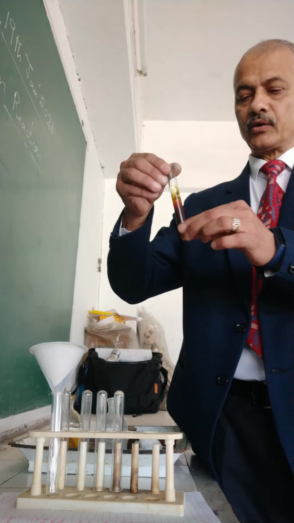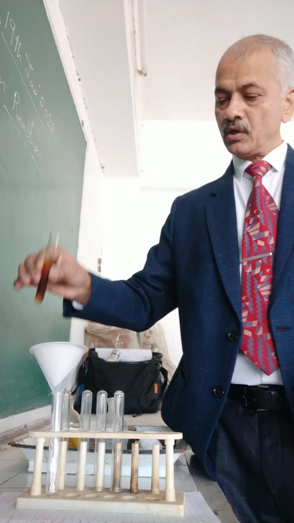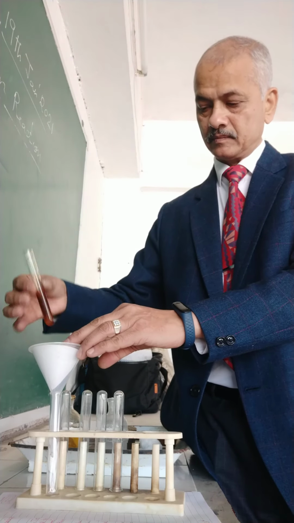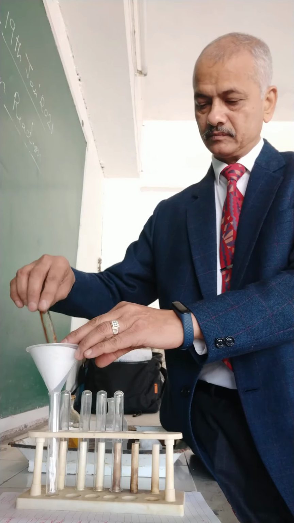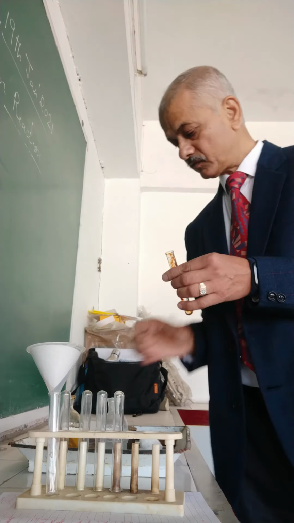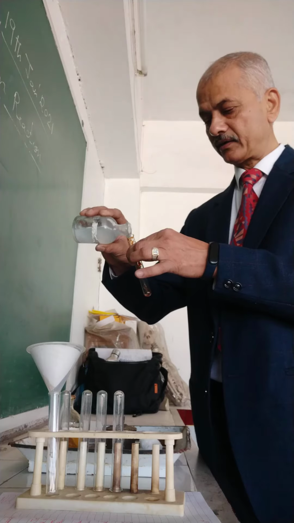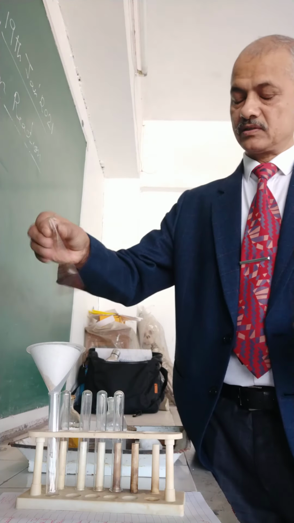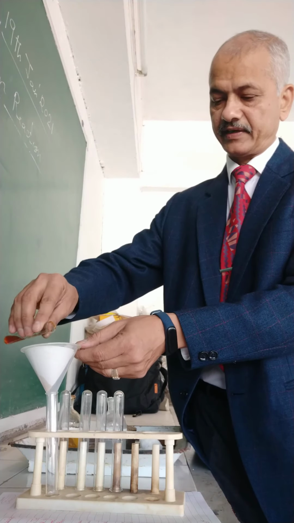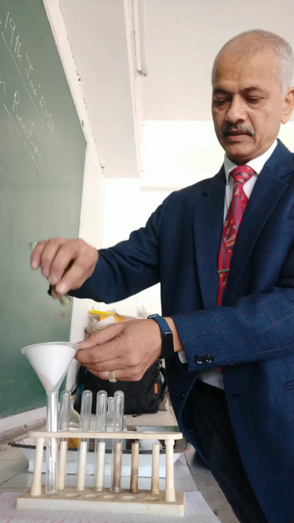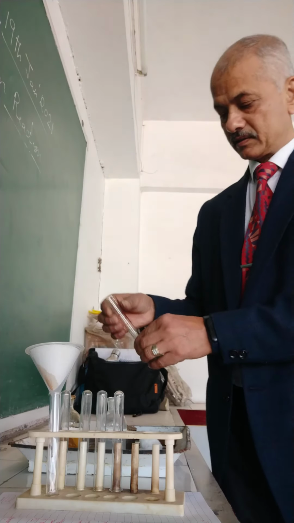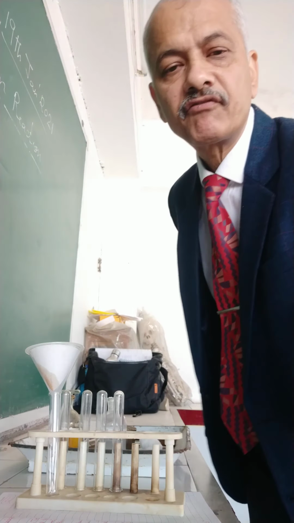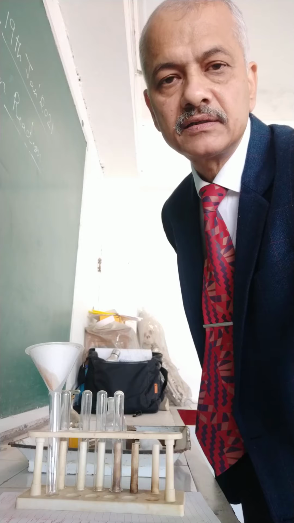So what we are going to do, we are going to filter it by pouring it here. We will add more sodium hydroxide so that the rest of the insoluble ferric hydroxide comes out, right? We will keep this test tube separately, and it will take a few minutes to filter it.